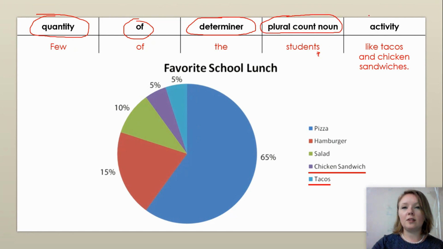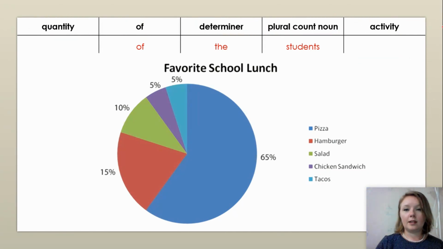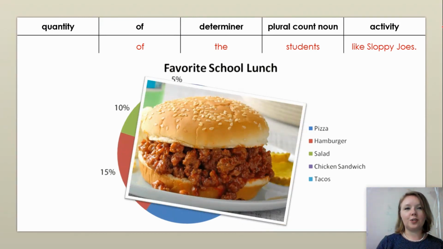We can count students, our plural noun, and the activity. Now, what if we have something like sloppy joes? Have you ever had a sloppy joe? They're not even on the chart, so we could say none of the students like sloppy joes, right? None of them. 0%, none of them like that.